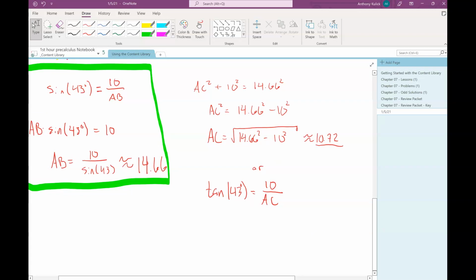And then just like before, I multiply both sides by AC, and then divide by tan 43.